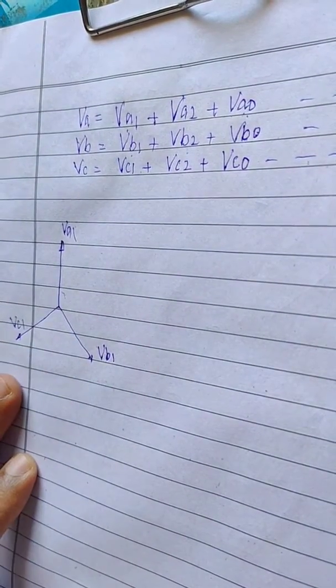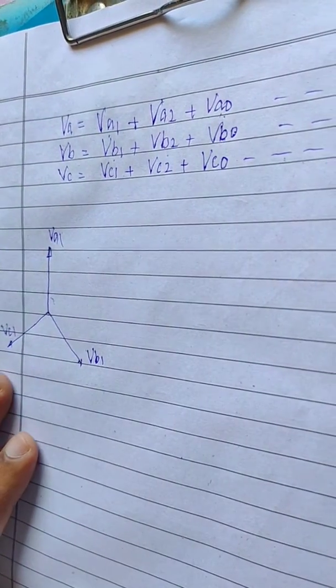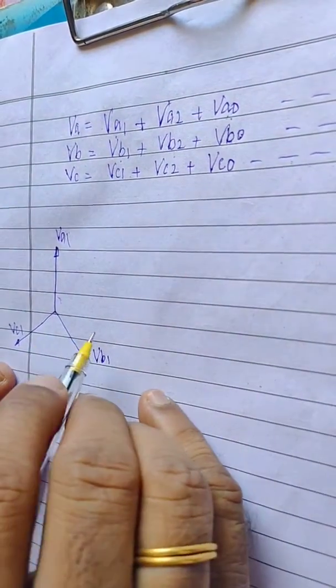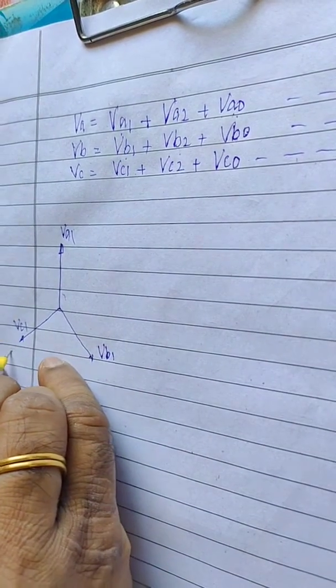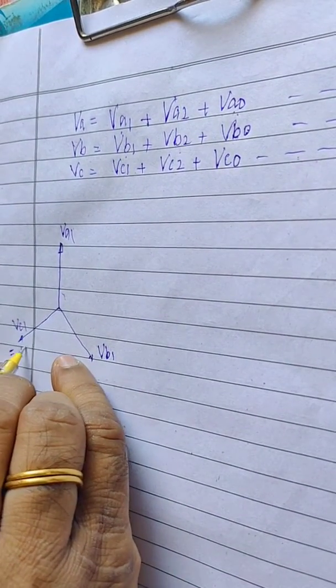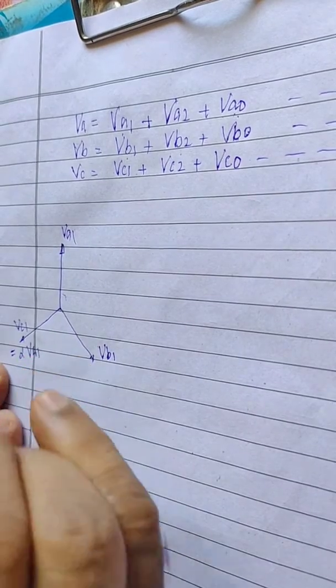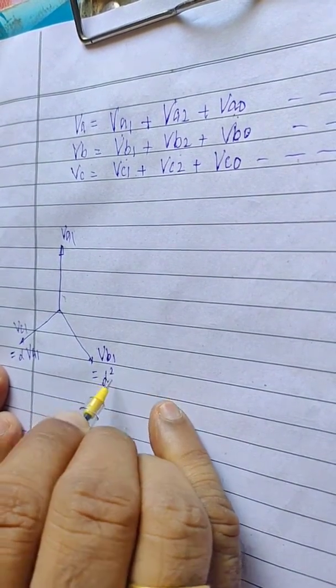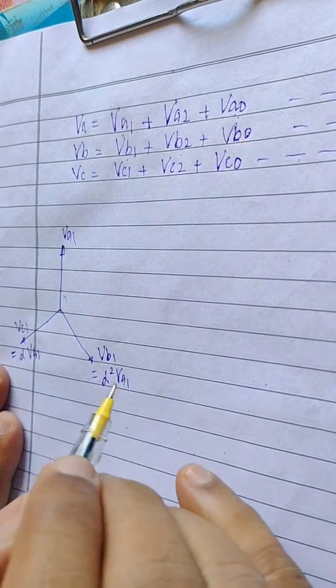These are the positive sequence phases. In terms of alpha, VC1 is alpha VA1 and VB1 is alpha square VA1.